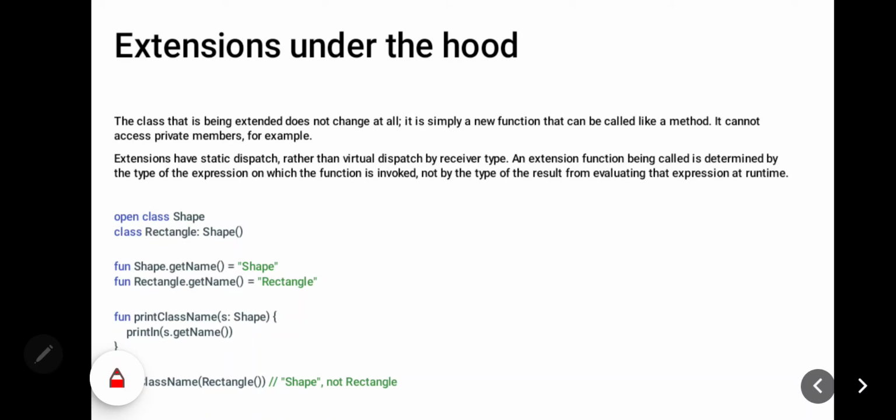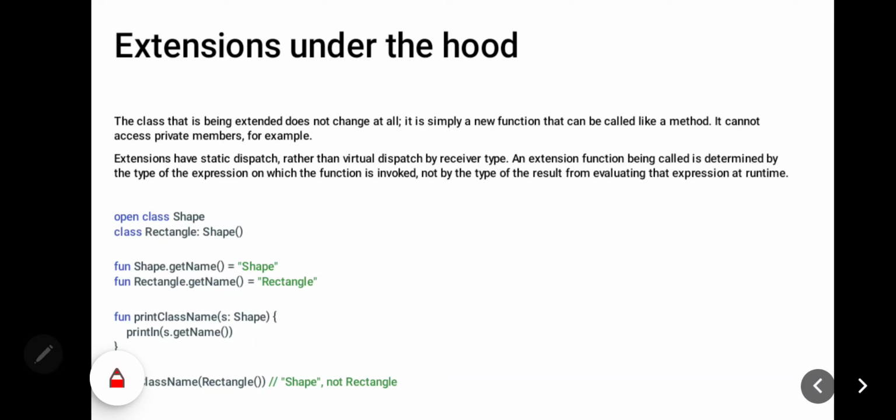The class that is being extended does not change at all. It is simply a new function that can be called like a method. It cannot access private members, for example.